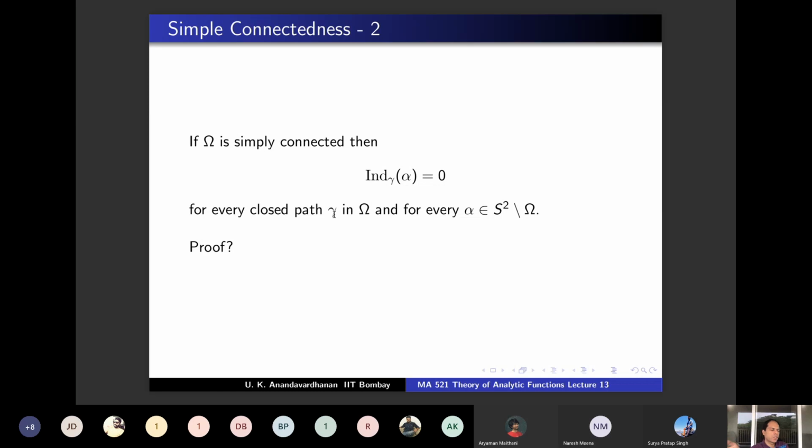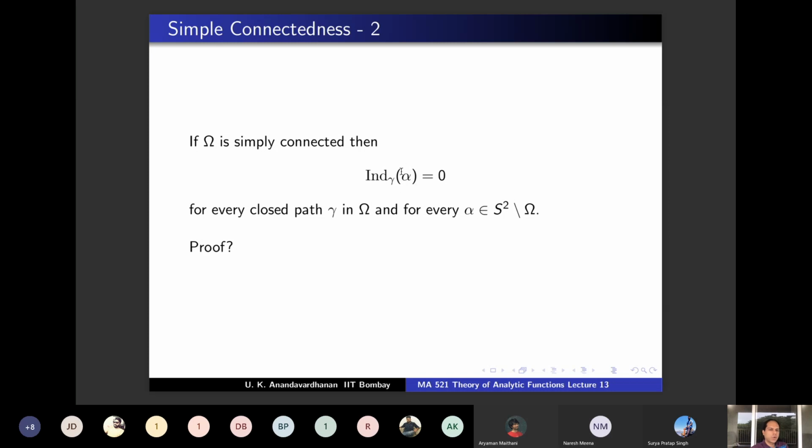A constant curve, constant path, whatever, it's a constant function. And constant paths are homologous to 0, because the index by definition is, what are you integrating? You are integrating 1 over (w minus z) on the constant path. But when you parameterize a constant path, it's from that point to itself. Therefore, all the integrals are 0.